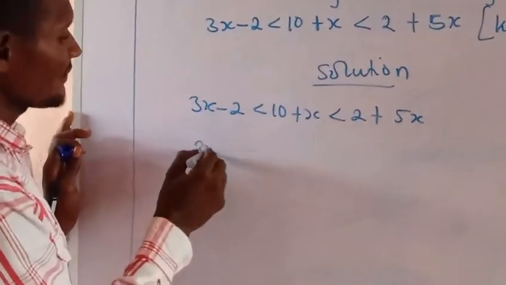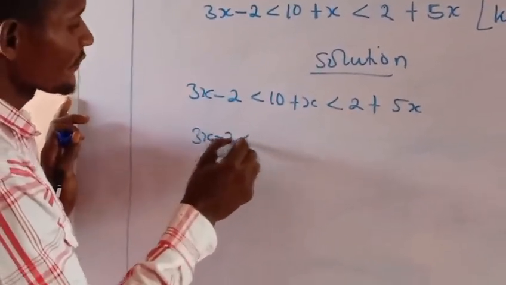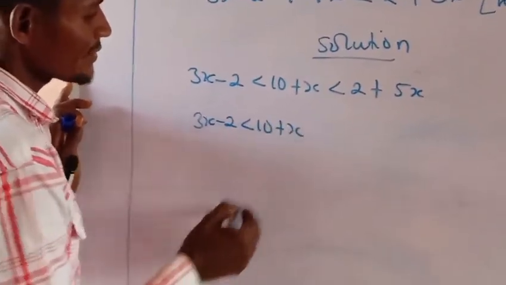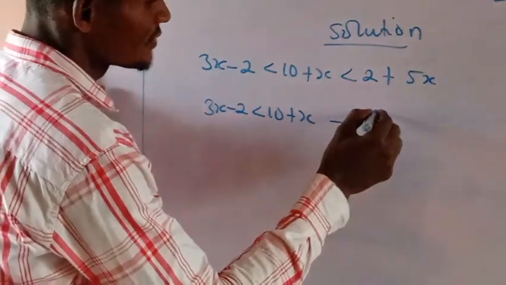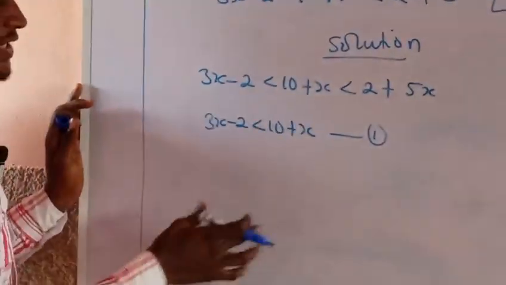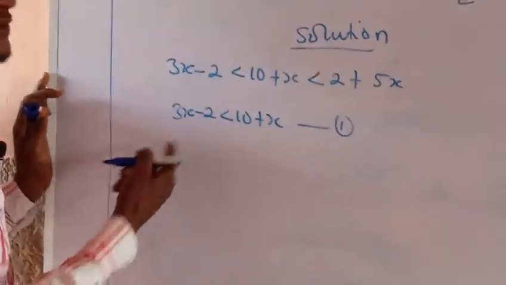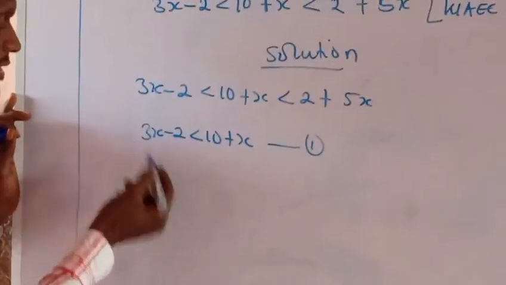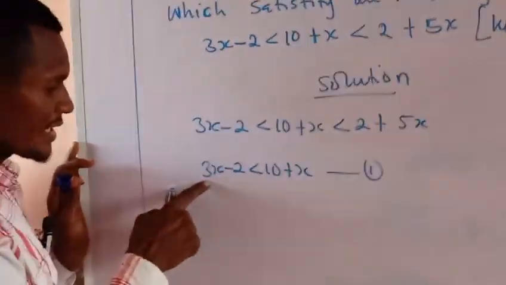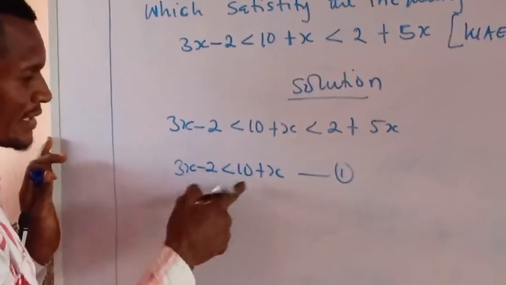So we can have 3x - 2 < 10 + x as equation 1. We can simplify this by collecting like terms. The x will join the 3x here, and the -2 will join the 10 there.